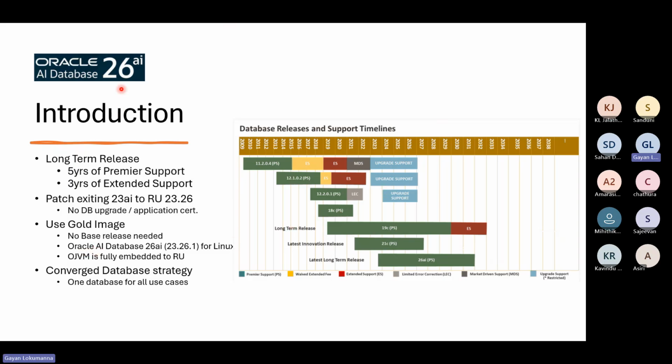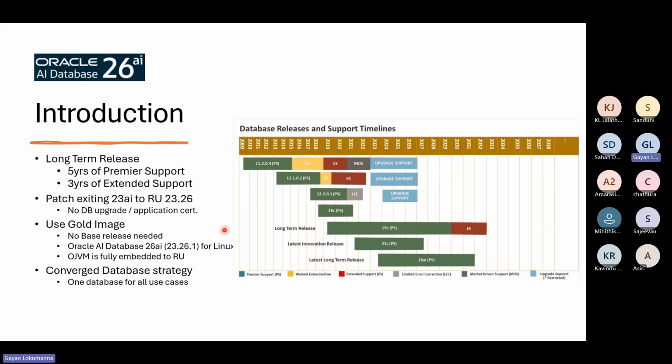Whereas with 26 AI, you directly get the gold image. Today, if you go to the download site, you'll find 23.26.1 available. Maybe in 3 months down the line, you get another update, and hopefully you would find 23.26.2 directly available.